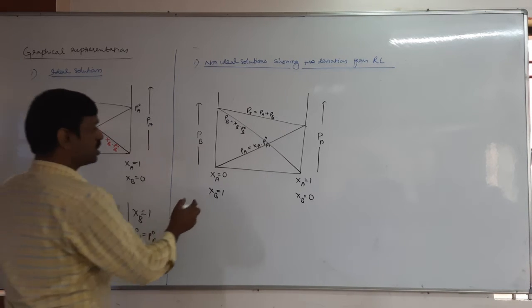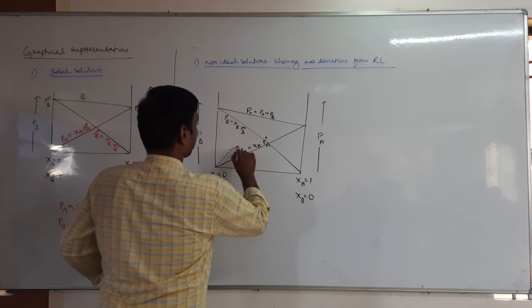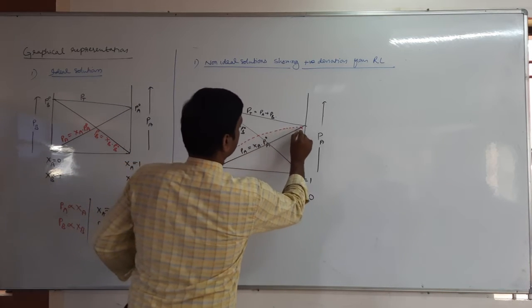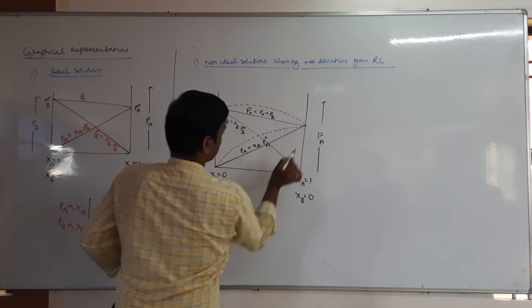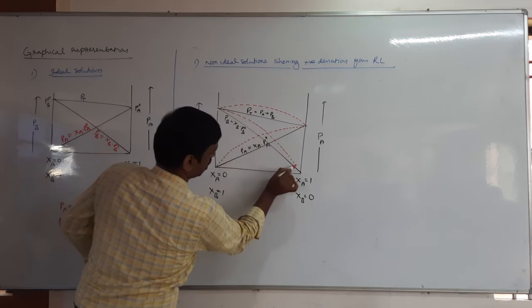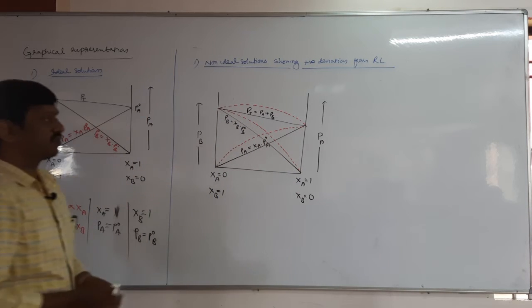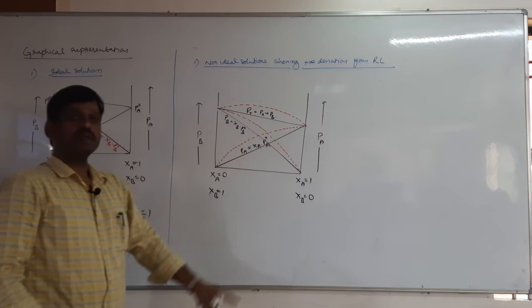So therefore, since vapor pressure is more, it will be like this. In positive deviation, the vapor pressure comes like this. Okay. So this dotted line indicates positive deviation.